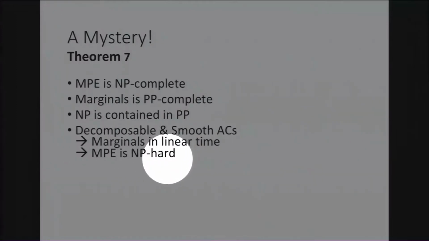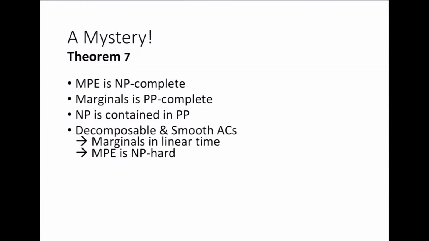That sounds weird. Stare at it for a little bit. Here's a creature. You can use it to answer marginals in linear time, but it is NP hard to answer MPE. And MPE is actually easier.